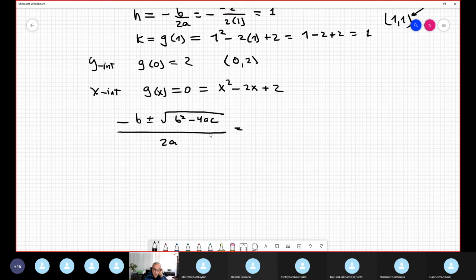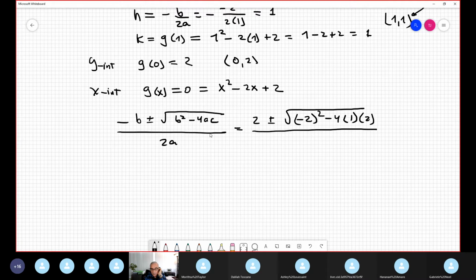But the problem is that b is negative 2, so double minus becomes positive. Square root of negative 2 squared minus 4 times a is 1, c is 2, divided by 2 times 1. Okay, so we focus on the expression inside the radical always.